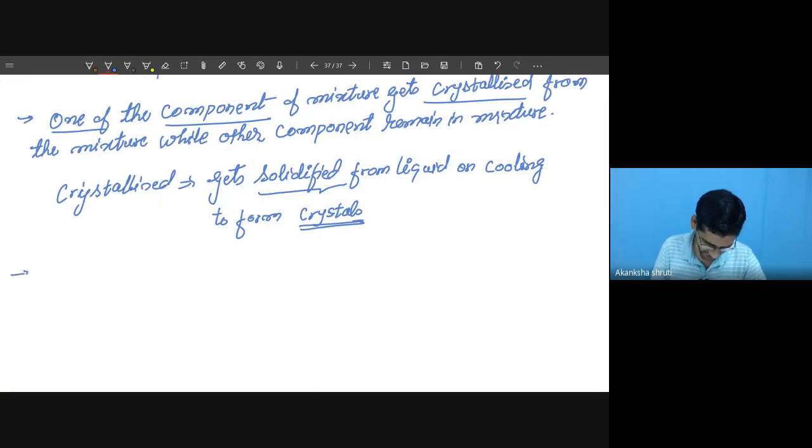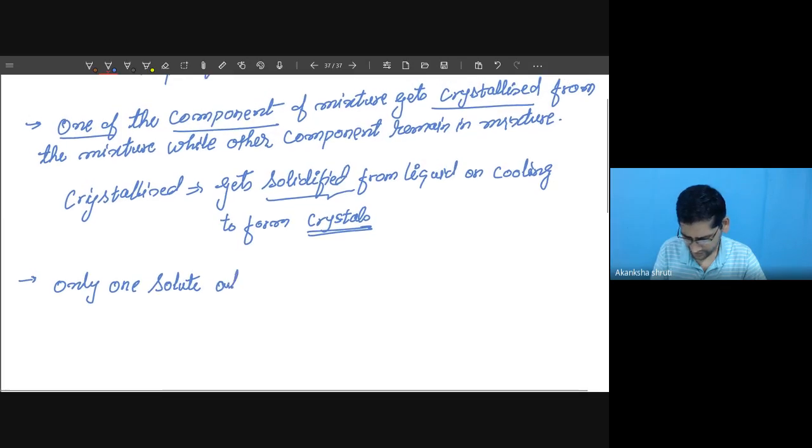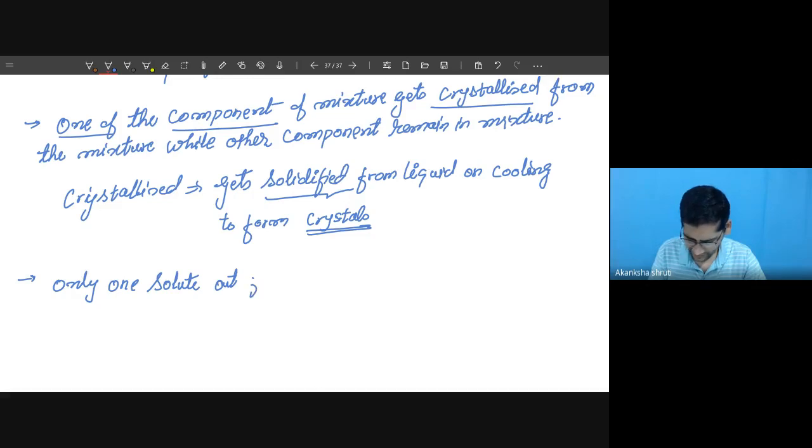Only one solute out of various dissolved solutes is crystallized.